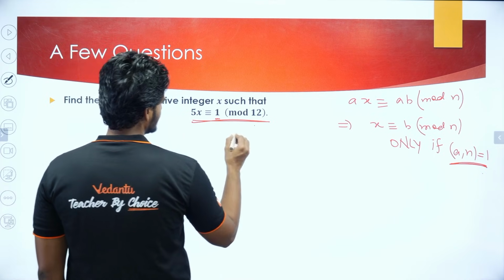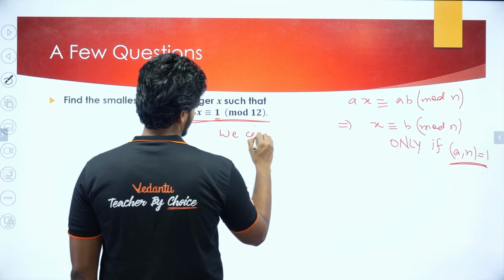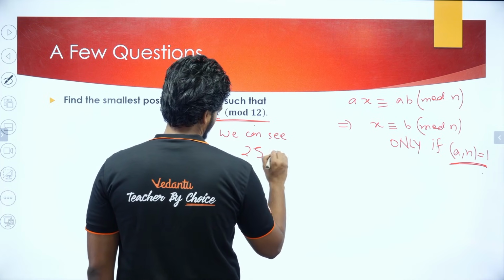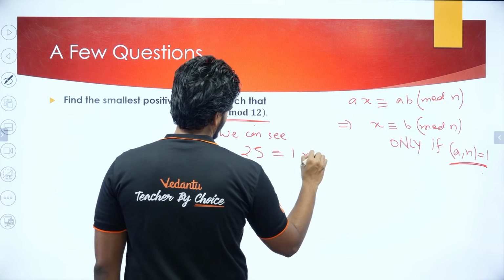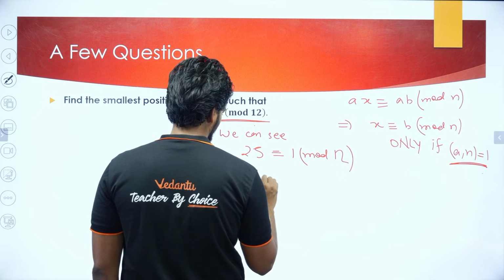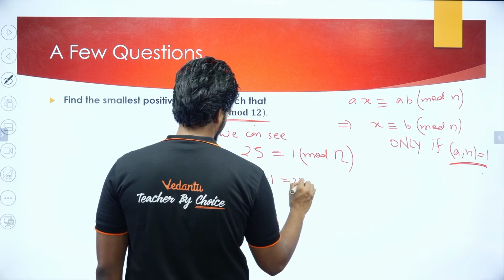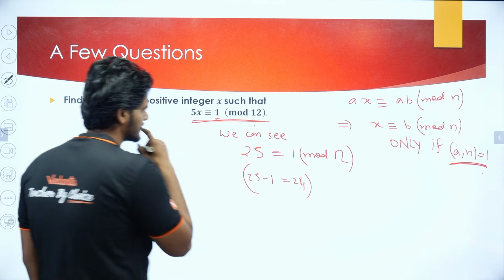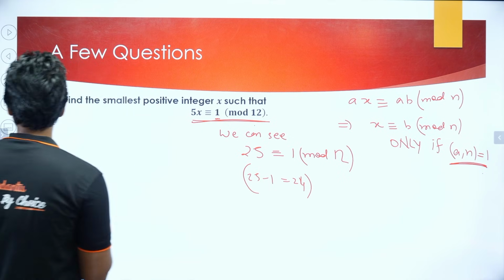So we can see that 25 is congruent to 1 mod 12, because 25 minus 1 is 24, which is divisible by 12.